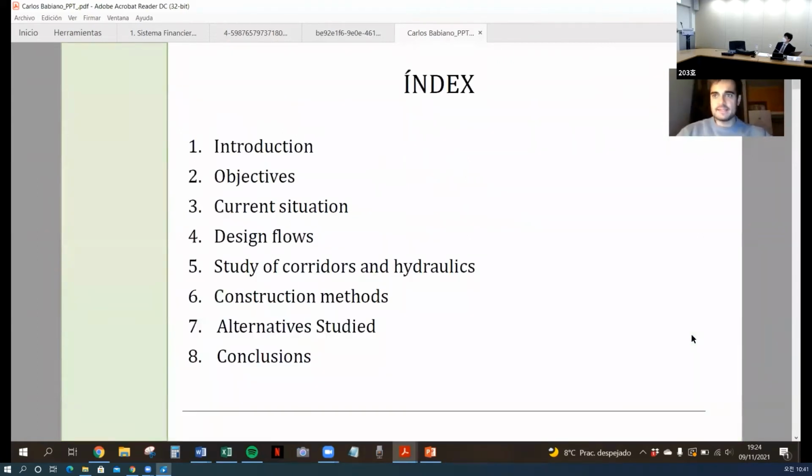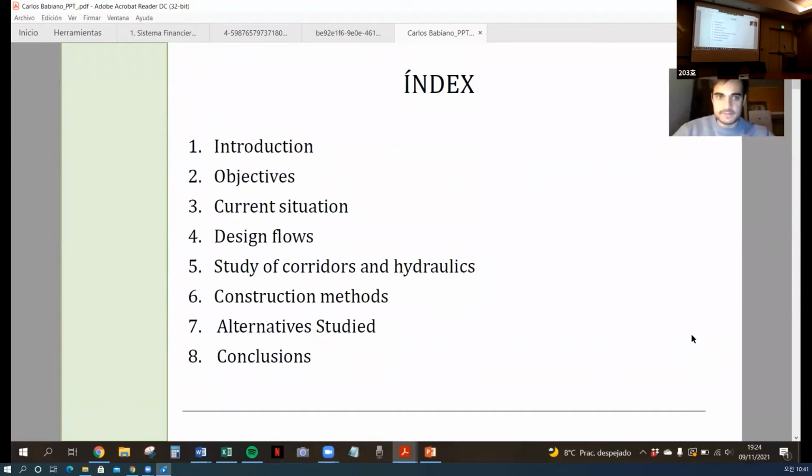This thesis is divided into 8 points. The first one is the introduction, where I will explain the main points to understand everything. Then I'm going to talk about the objectives, then about the current situation, what's happening now. Then I'm going to talk about design flows. In the 5th point, I'm going to explain the study of the corridors and the different alternatives and the hydraulics related.